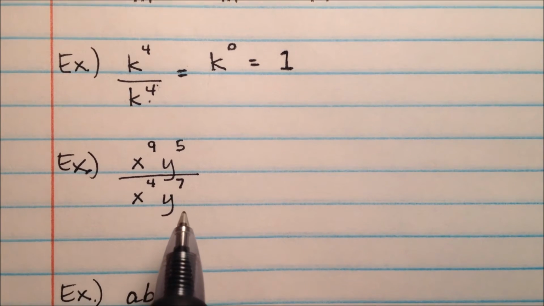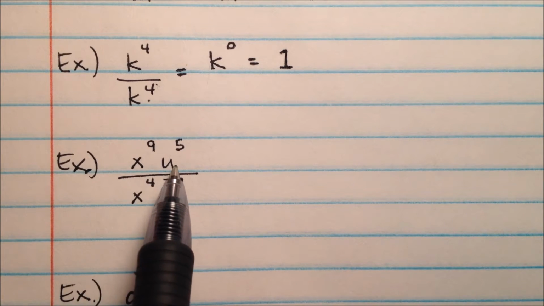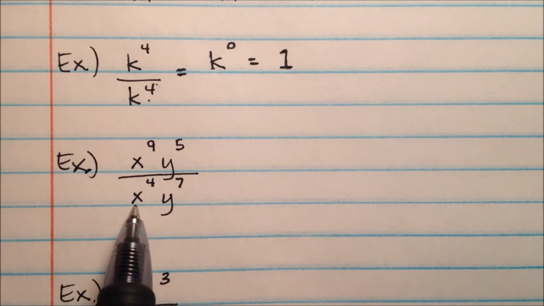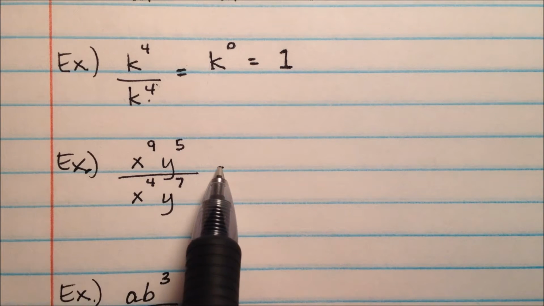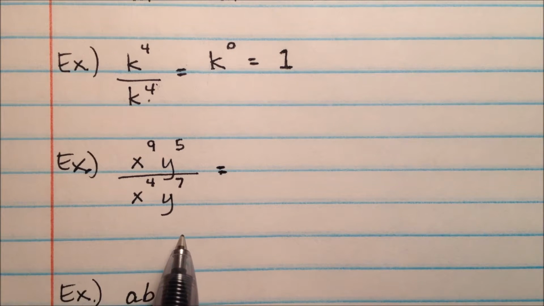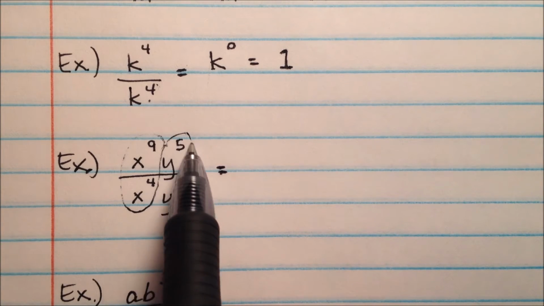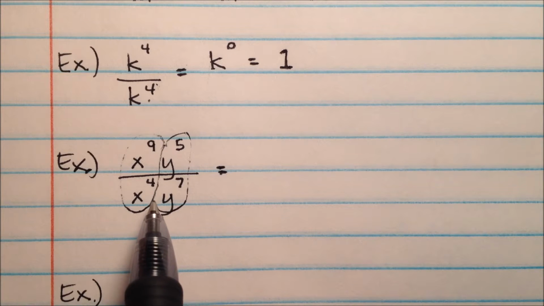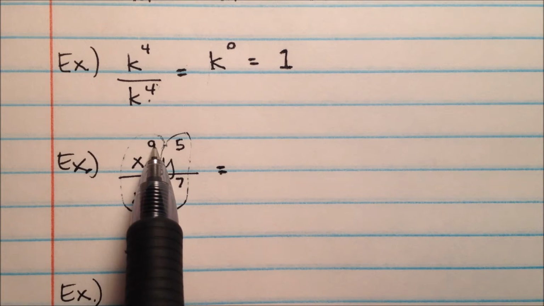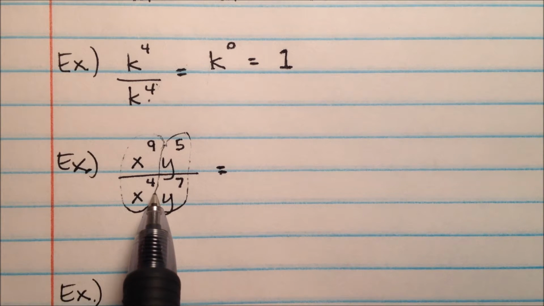Okay, this next example is x to the 9th, y to the 5th, all divided by x to the 4th, y to the 7th. So now we have multiple variables involved, so I'm going to deal with my x's first and then my y's second. For my x's, I have 9 for an exponent on top, 4 for an exponent on bottom.